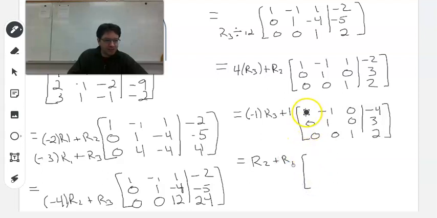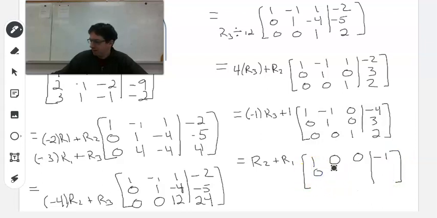And that gives us, well, 0 plus 1 is 1. 1 plus negative 1, 0. 0 plus 0, 0. And then 3 plus negative 4 is negative 1. And rows 2 and 3 don't change. 0, 1, 0, and 3. 0, 0, 1, and 2.